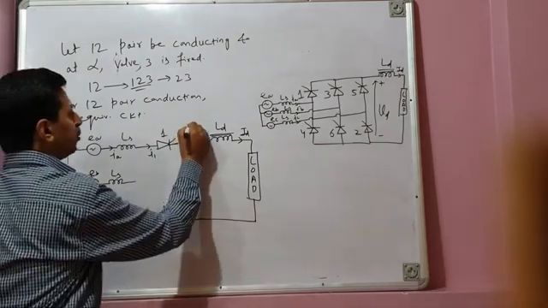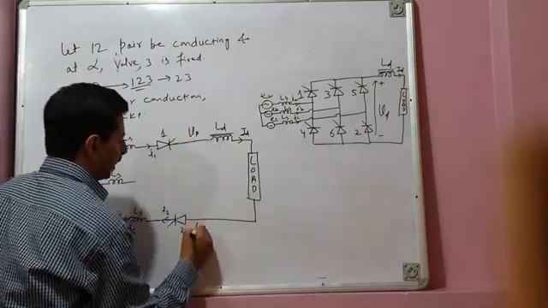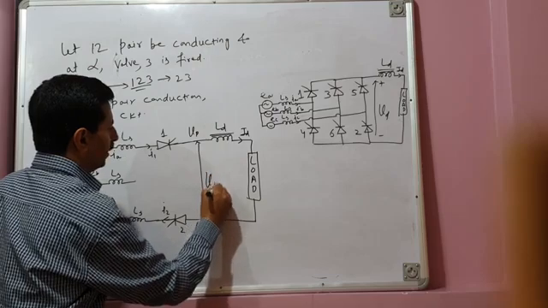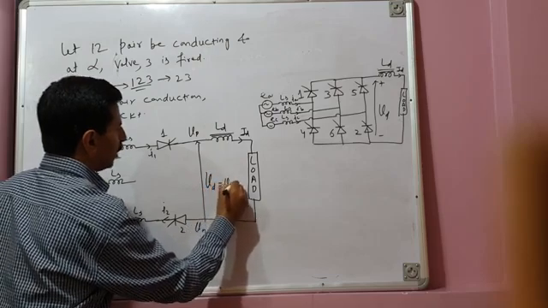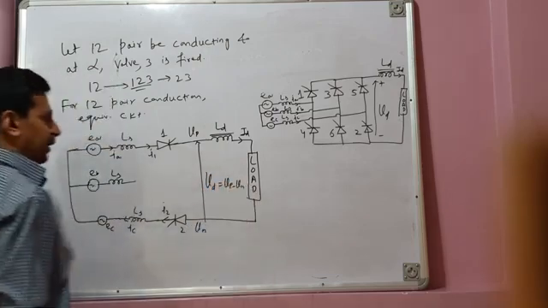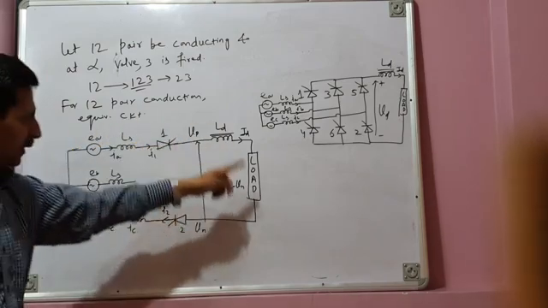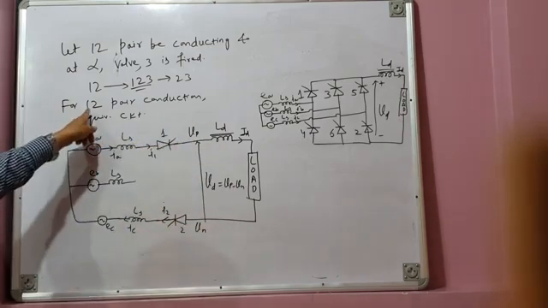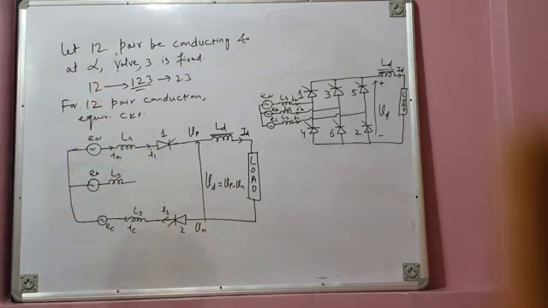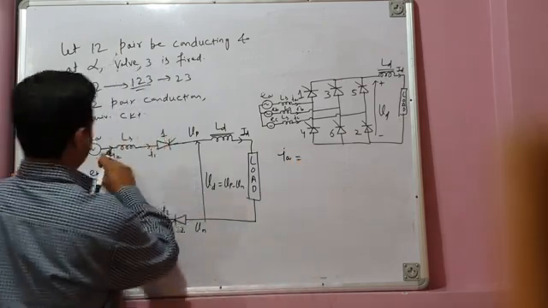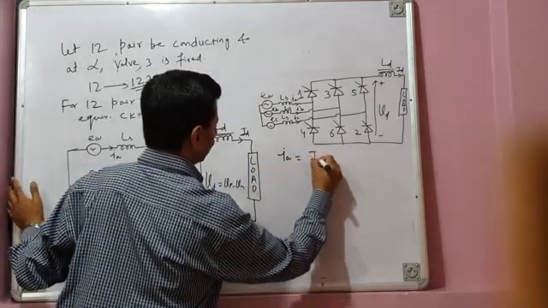This is the positive bus voltage VP, this is the negative bus voltage VN, and this is your total load voltage VD, which is equal to positive bus voltage VP minus negative bus voltage VN. Let us see what happens. This is the equivalent circuit of your converter during 2 valve conduction, with the 1-2 pair conducting. So we can say IA is equal to ID, which is directly the load current.